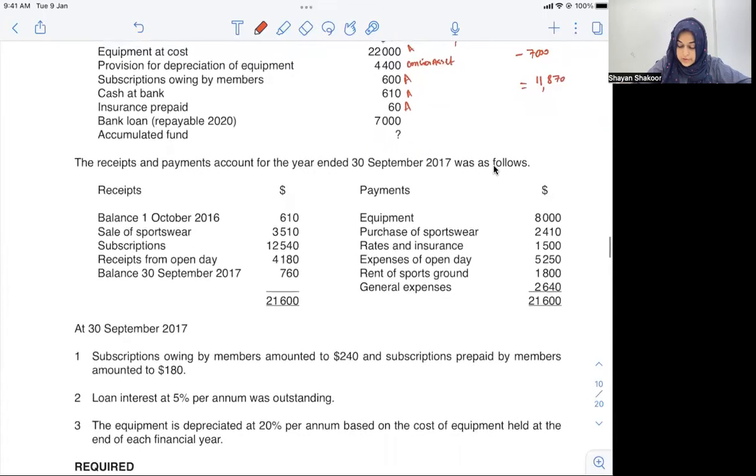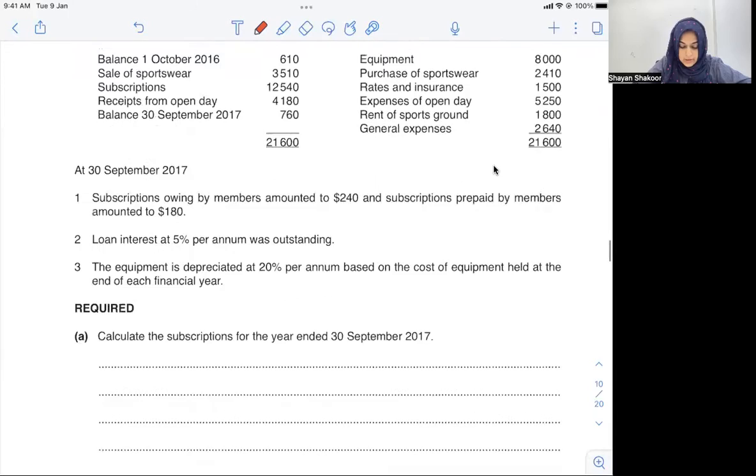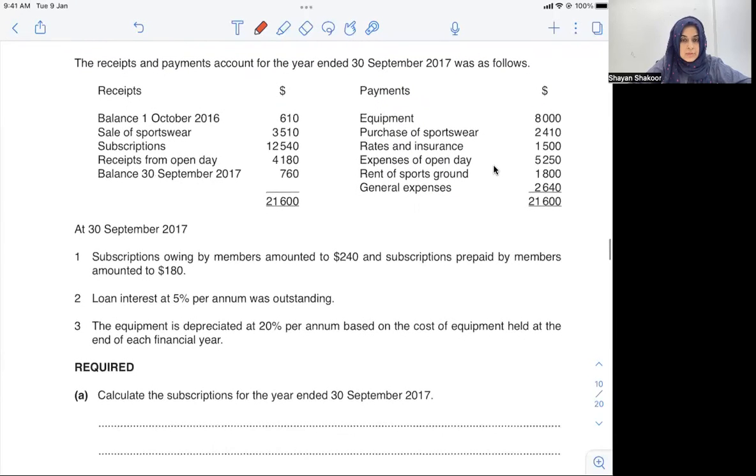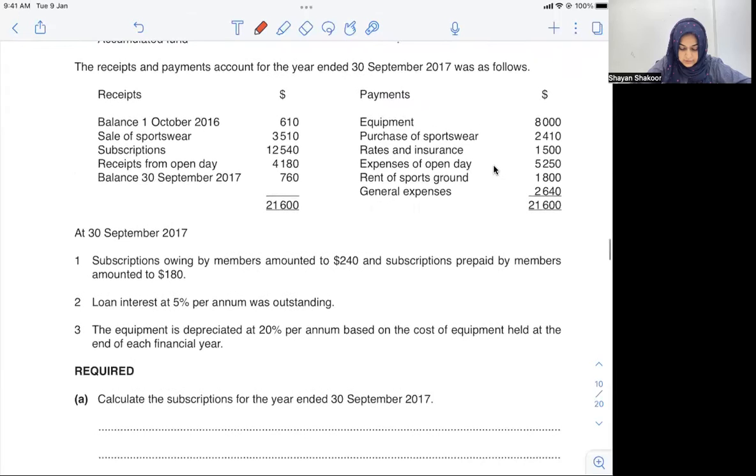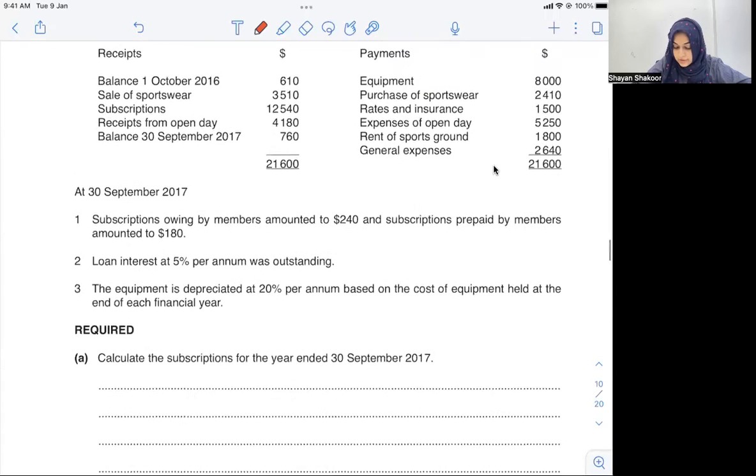So the question now here is saying, we need this piece of information for the statement of financial position for this question. Now, if you see here, the receipts and payments account for the year ended 30th September 2017 was as follows. We have all the money that we've received on the debit side of this account, and the payments are on the credit side.